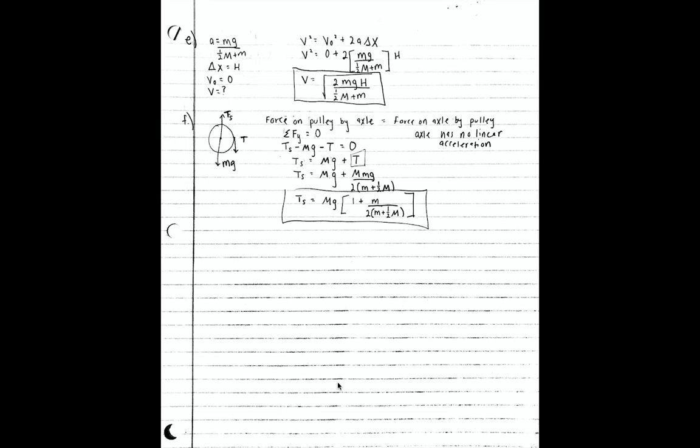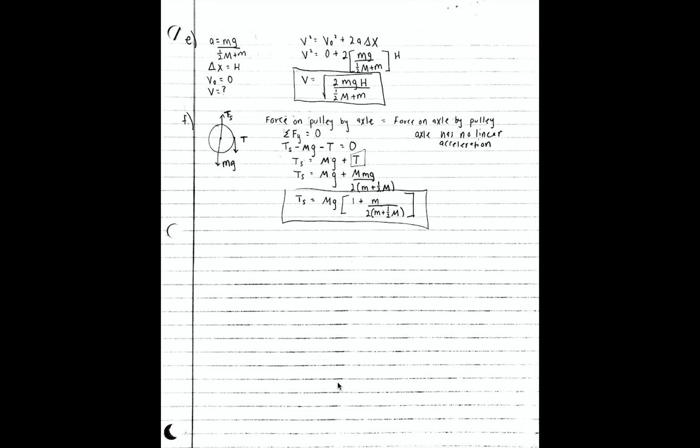So we take a look at the forces that are acting on the actual pulley, and we solve for the support tension. Because the force on the pulley by the axle is equivalent to the force on the axle by the pulley, we can use either set of equations to find the force of the support.